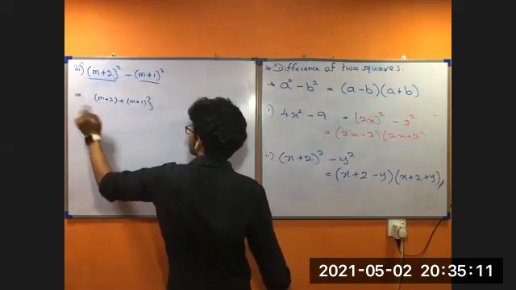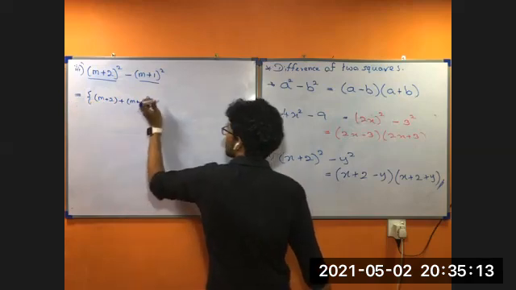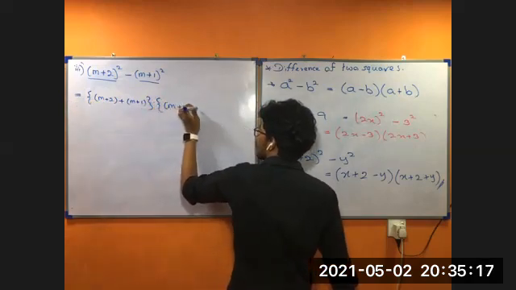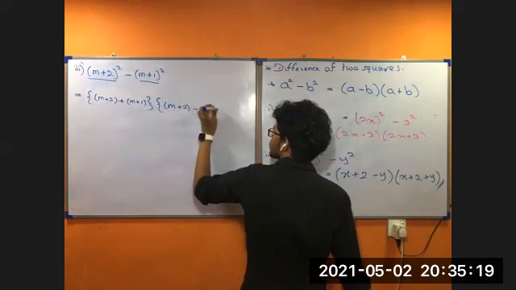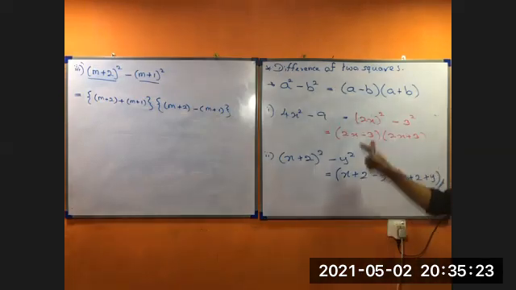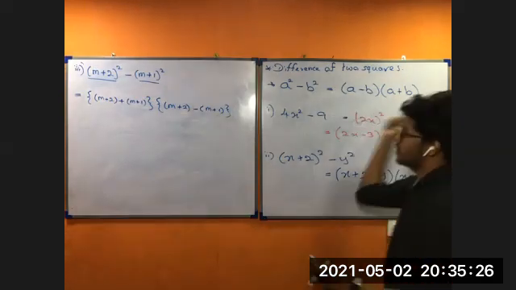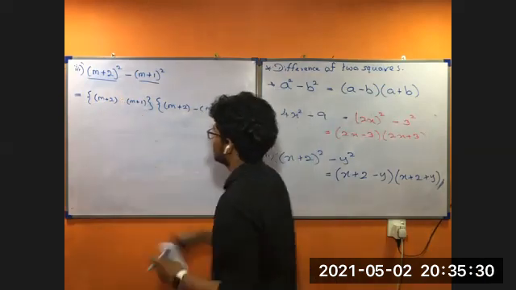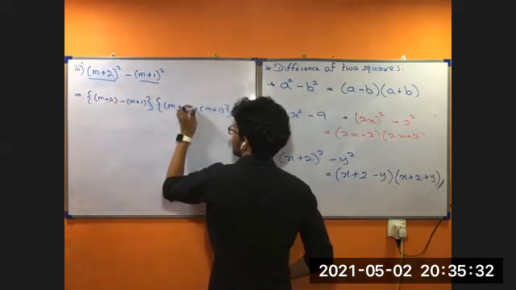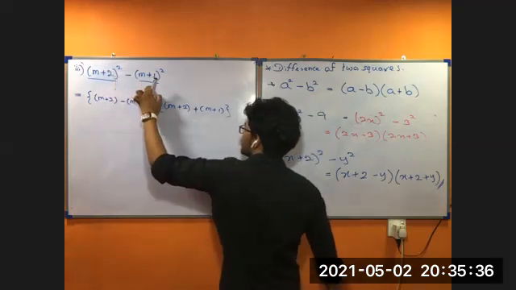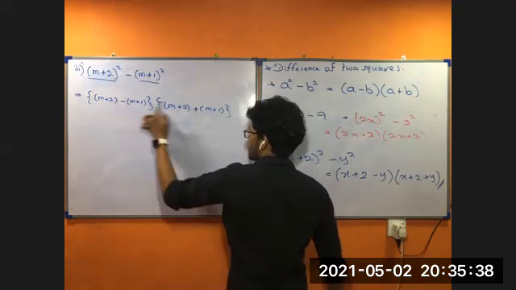So this is my first factor, and my second is going to be m plus 2 minus m plus 1. Right? Clear, right? First, this is a minus b, a plus b. Let's write a the same way. A squared minus b squared, so a minus b, a plus b.